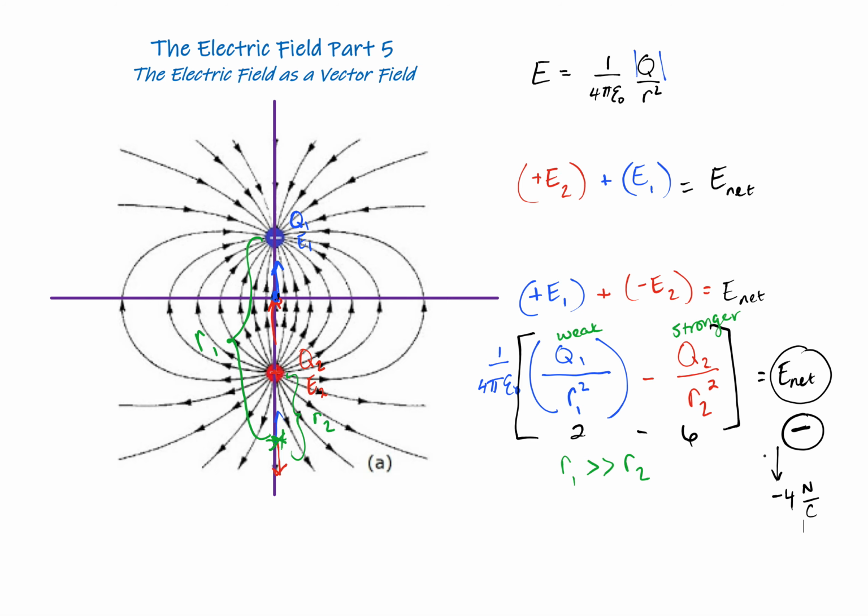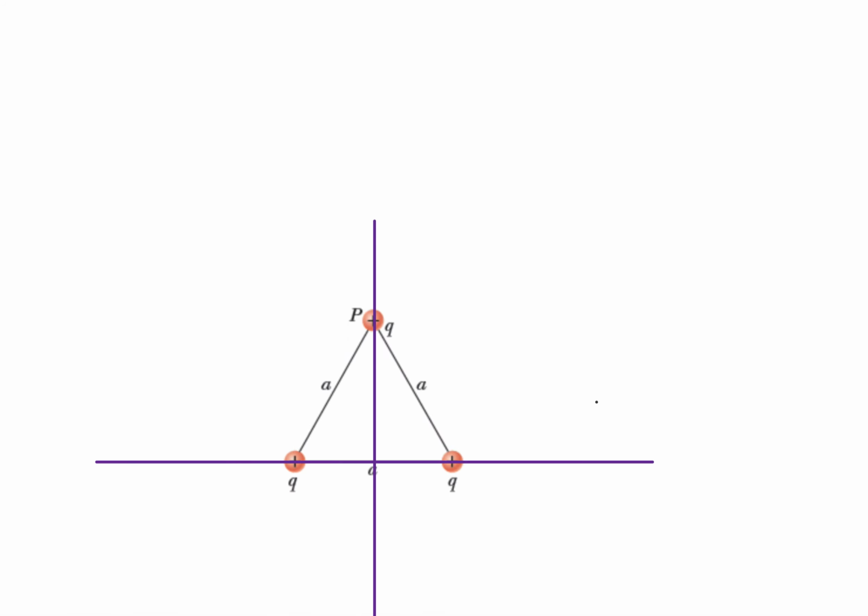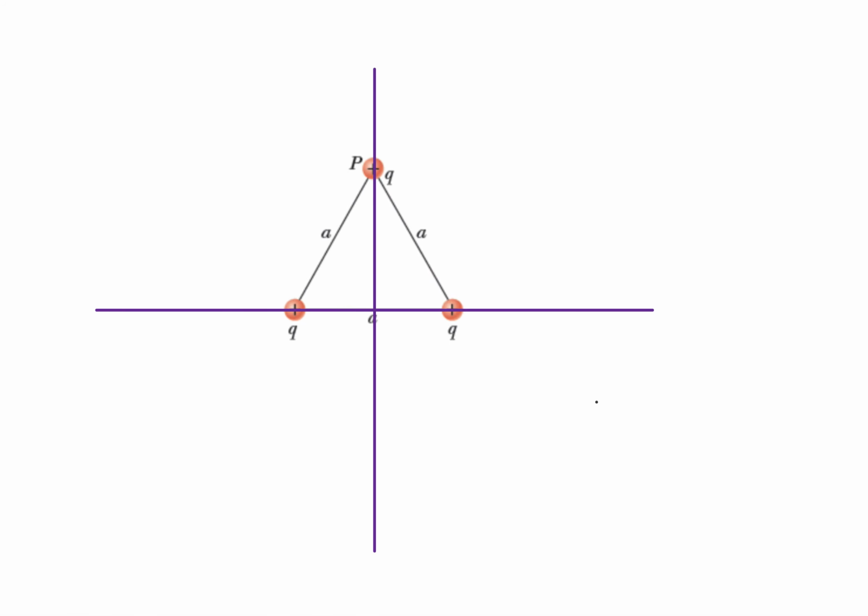Now, before we end this video, we're going to take a look at one more scenario where I have 3 charges, just to show how we might analyze this situation. So I see that there are 3 positive charges, all with a value of q, and they're all separated by a distance a from one another.